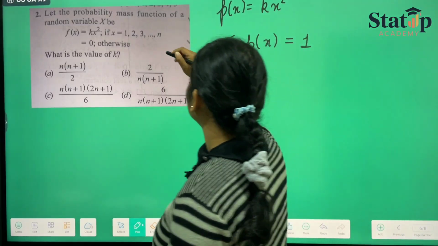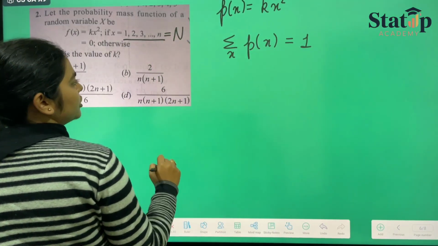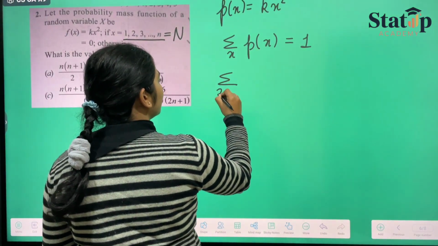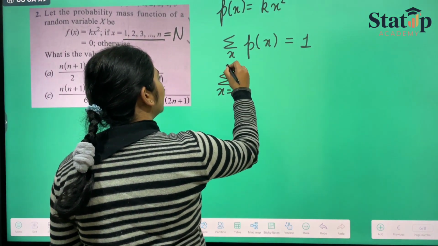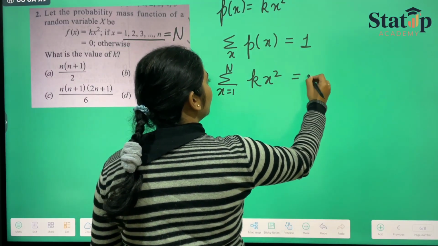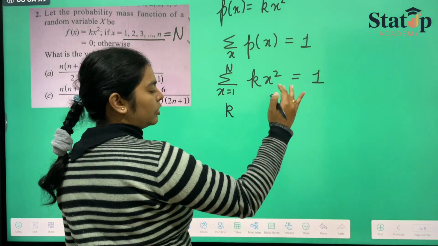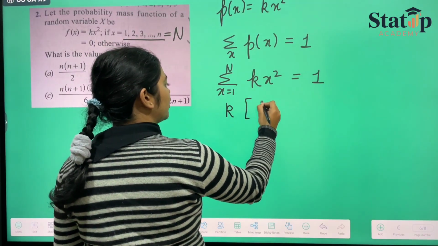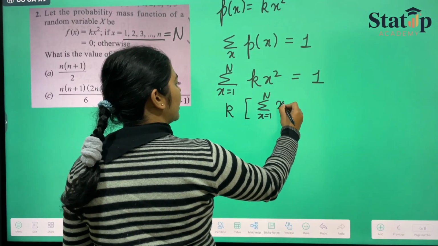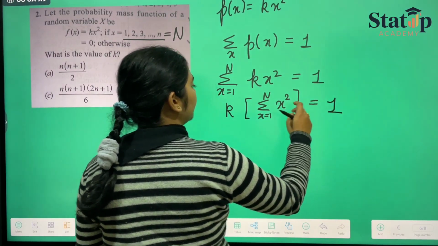Now summation over x. Here you can see that these are nothing but natural numbers, 1, 2, 3 up till n. So summation over x goes from 1 to n of k x square should be equal to 1. k can get outside because k is multiplied with all of them, so this is k times summation over x from 1 to n of x square, which equals 1.